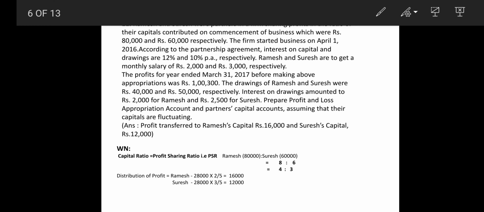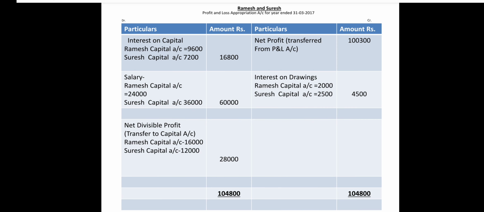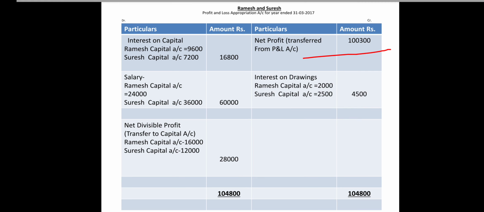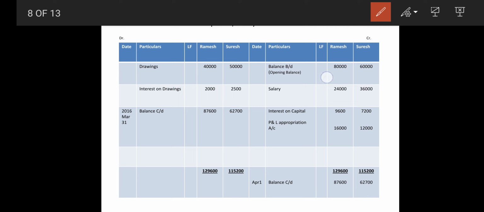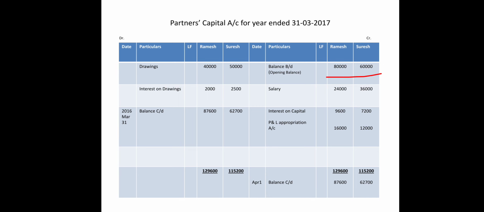While drawing this, the very first thing we have to transfer is the net profit, from the P&L account, and then another thing we will be transferring into the partners capital account: 80,000 and 60,000 respectively.